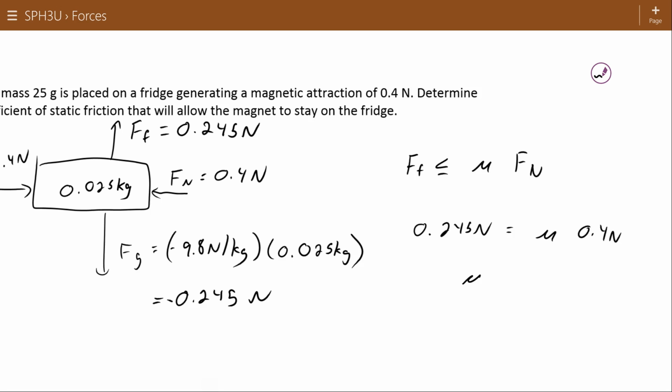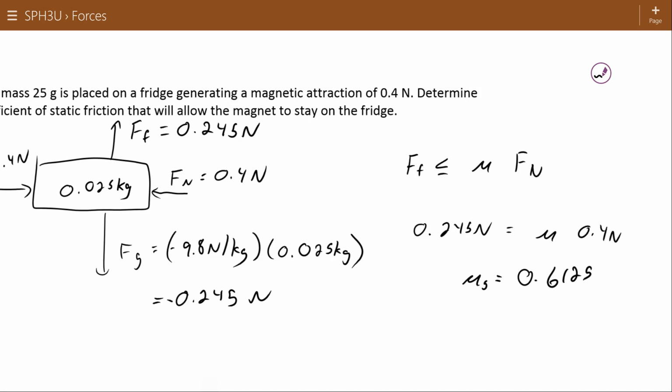And so I get a coefficient of static friction of 0.6125. And those are both in newtons, so the thing about a coefficient of friction is it's unitless, which means us and the Americans will agree on exactly the value of this thing. Anyways, 0.6125, and that's the coefficient of friction for this situation.